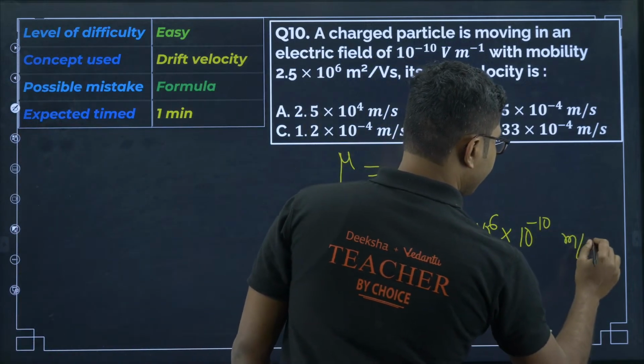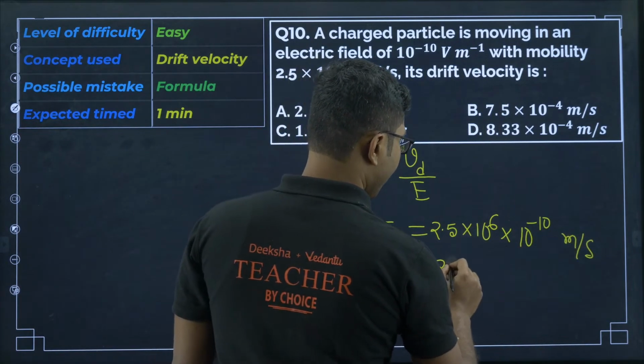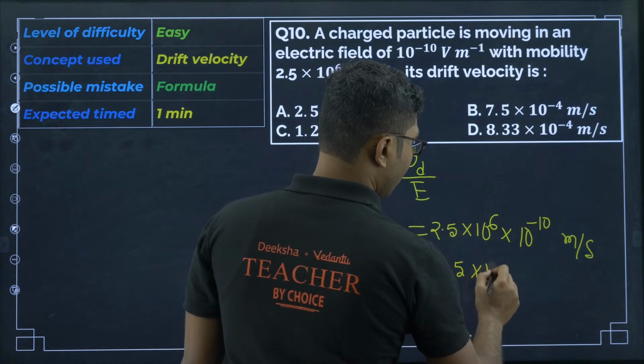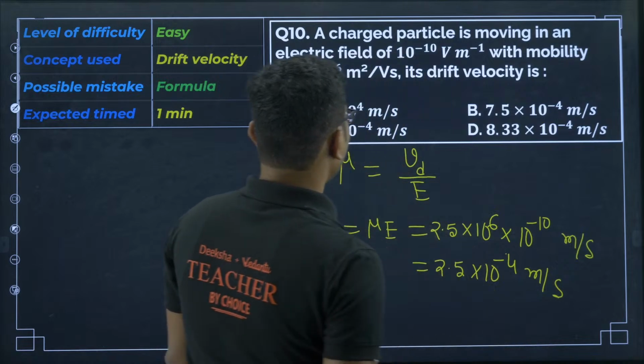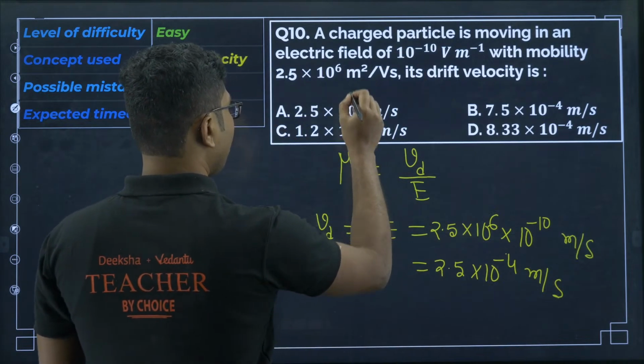So it should be equal to 2.5 into 10 to the power of minus 4 meter per second. This should be 10 to the power of minus 4.